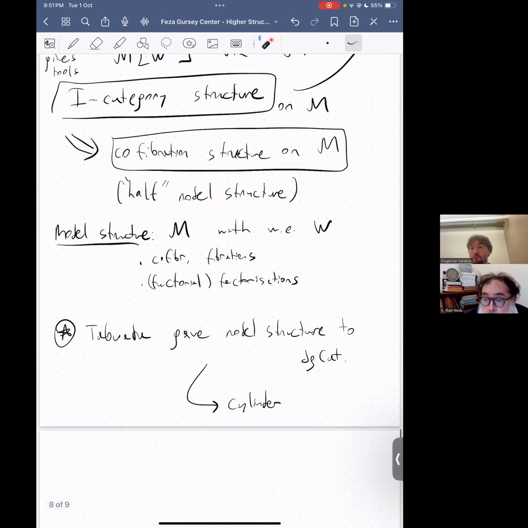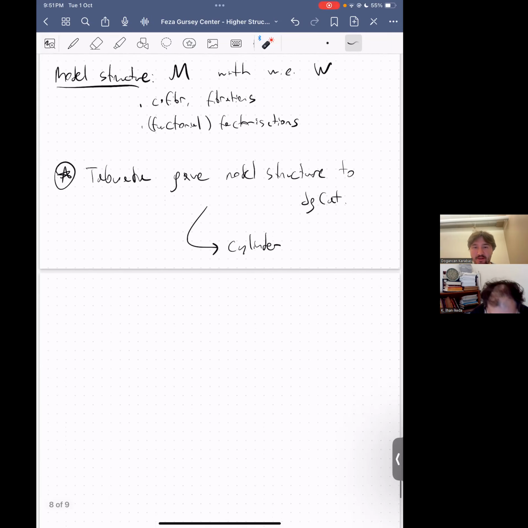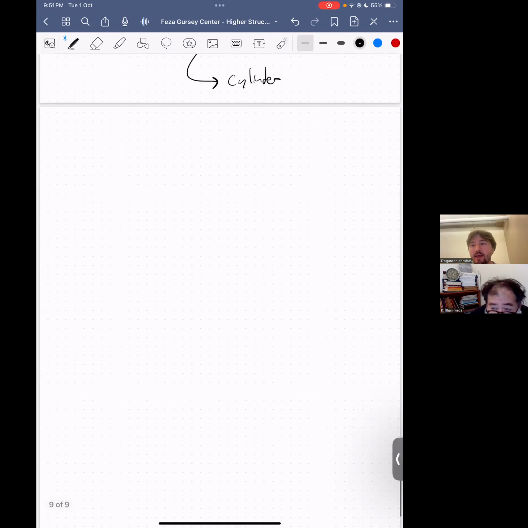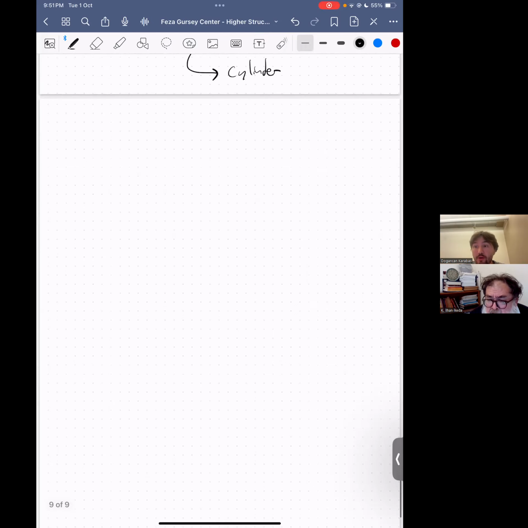I will show you now how we define the cylinder. I don't have much time left, so maybe I will show our structure. Again, the motivation here for us is computation of symplectic invariants. So computing is very important.